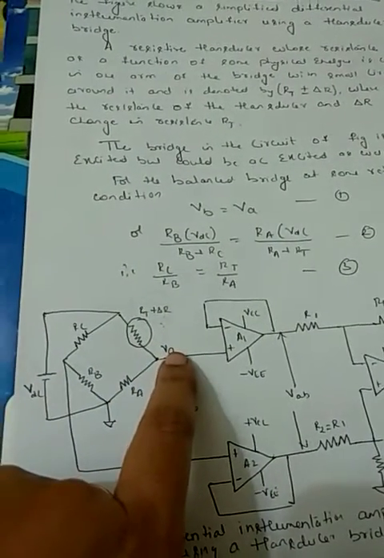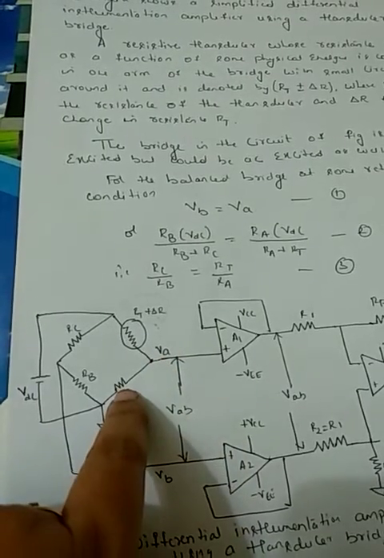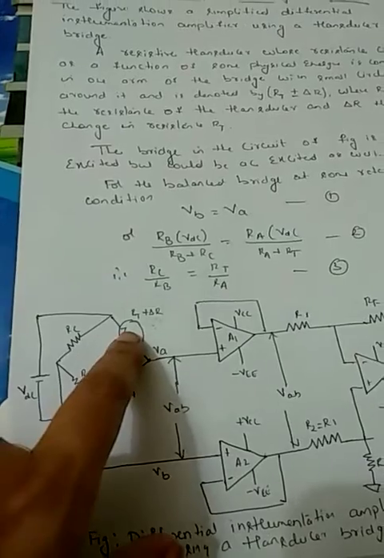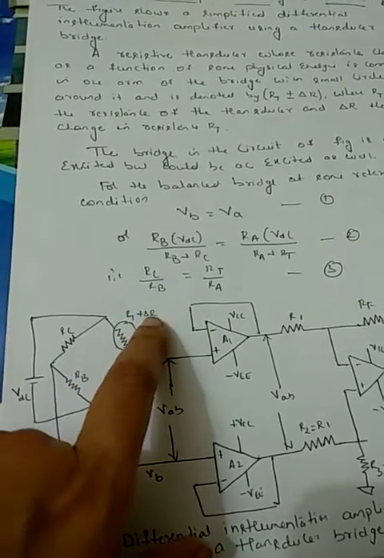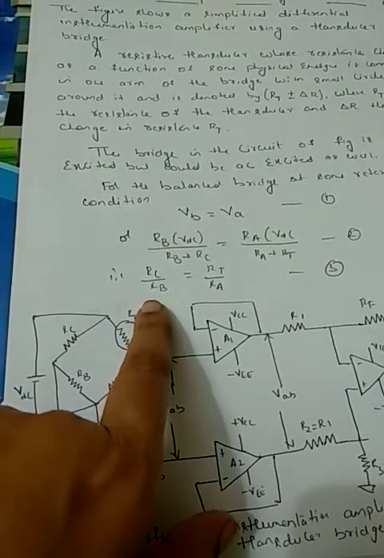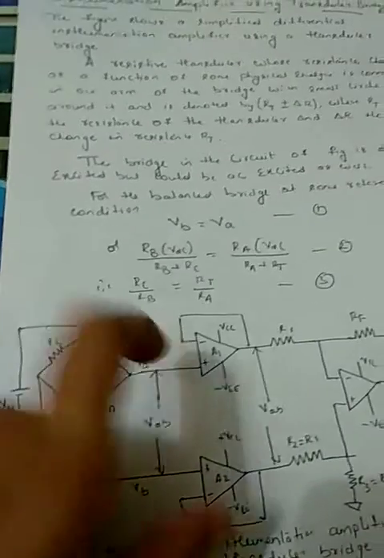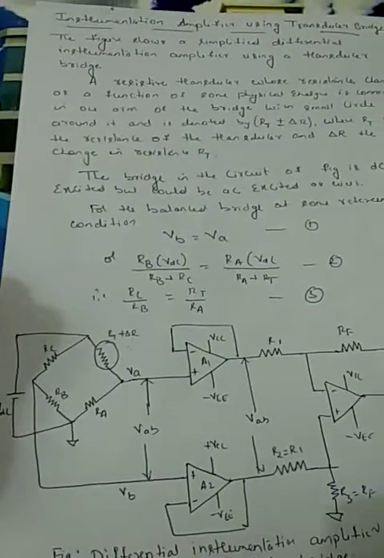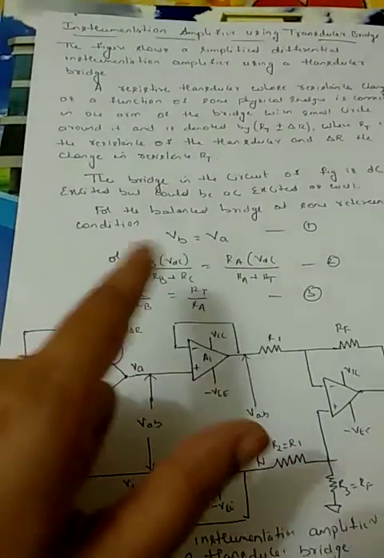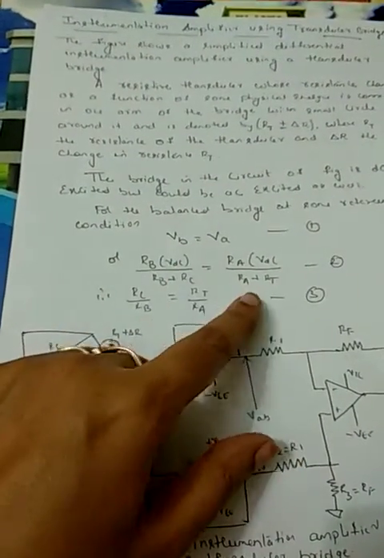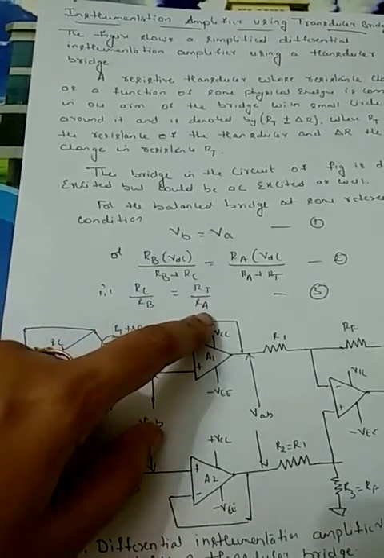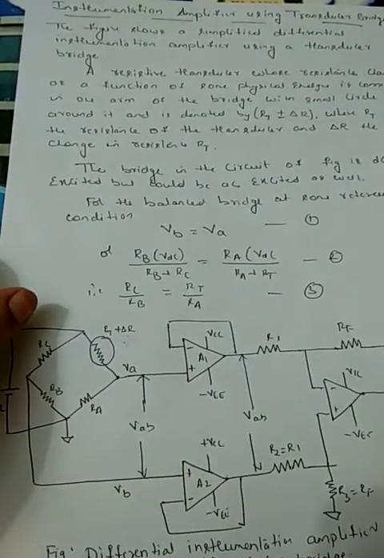VA is equal to RA into VDC divided by RA plus RT. Since we are referring to the balanced condition, we have not included delta R. If you solve this equation, you get RC divided by RB is equal to RT divided by RA, which we solved in the Wien bridge.